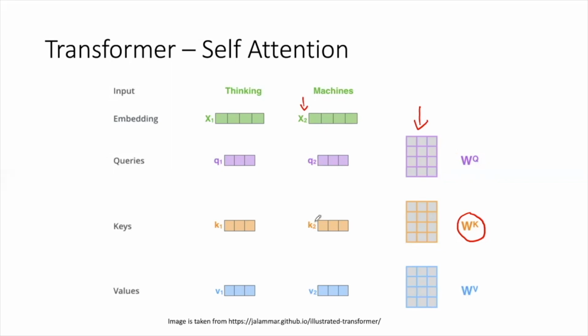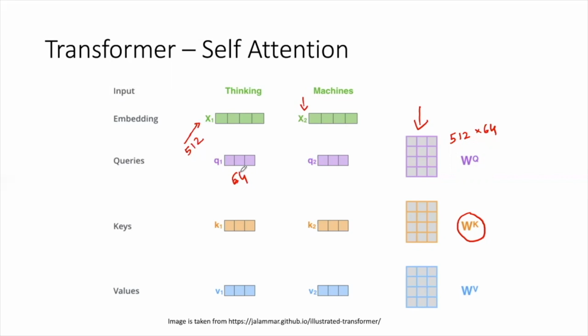Apart from acting as a mechanism through which a linear transformation can be carried out, we can also reduce the dimension. Let's say x1 has dimension 512. If WQ is a matrix of dimensions 512 by 64, then when we multiply x1 with WQ, the dimension of the Q1 vector is 64.